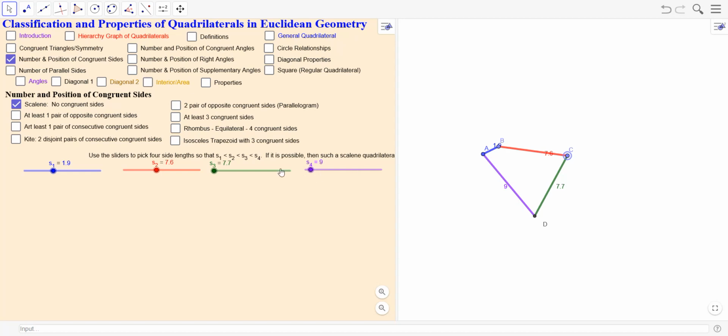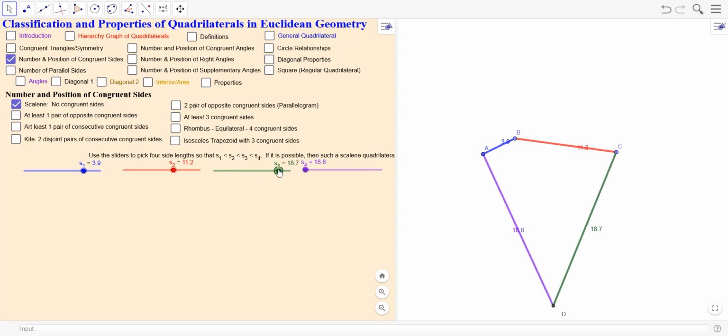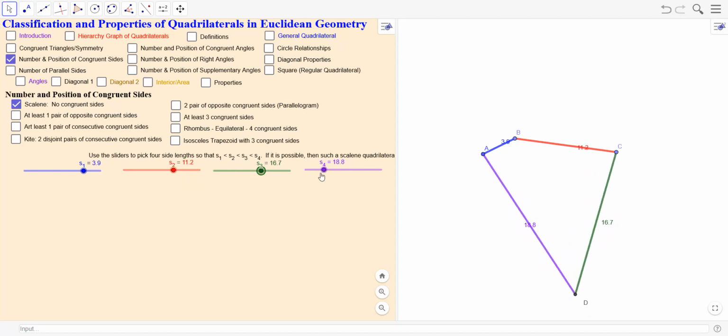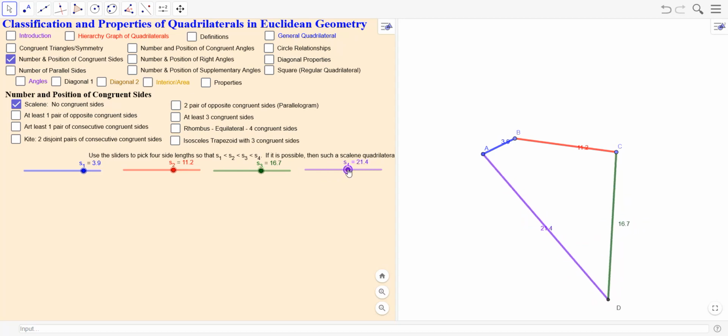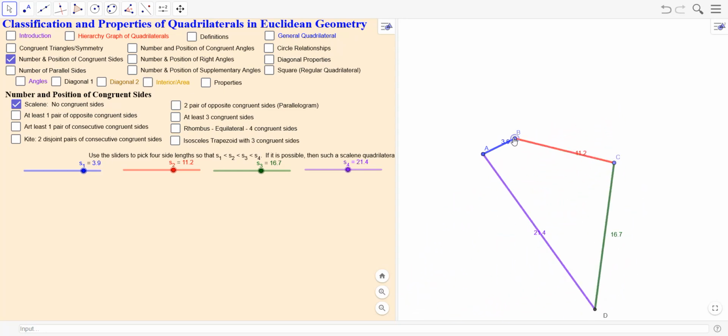To make this always work, I've set it up with the shortest side being the blue one, S1, AB, then S2, BC is the next longest side, then S3, and then S4.